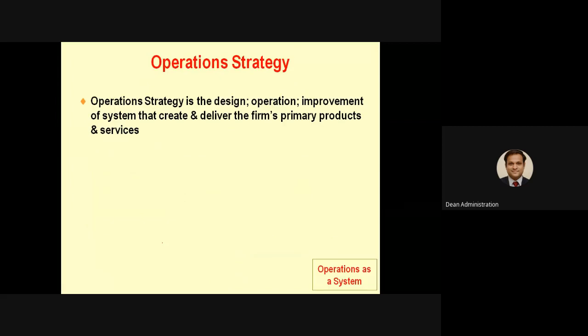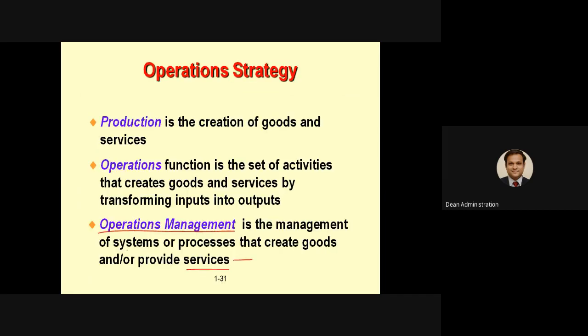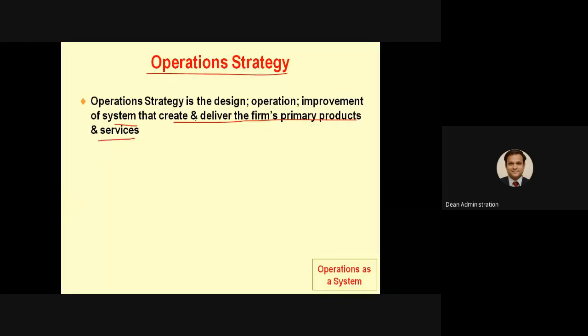And at the top level sits operations strategy. So what is operations strategy? It is the design, operation, and improvement of the systems that create and deliver a firm's primary products and services. So you're not looking only at operations management. You're looking at the design, operation, and improvement of the entire system of manufacturing that creates and delivers a firm's primary products.